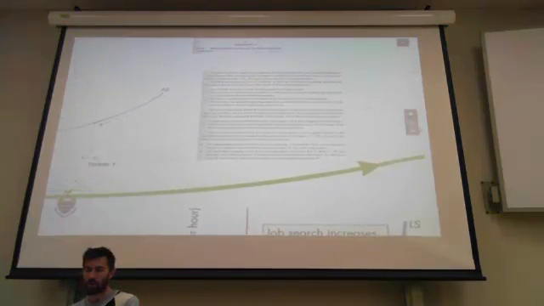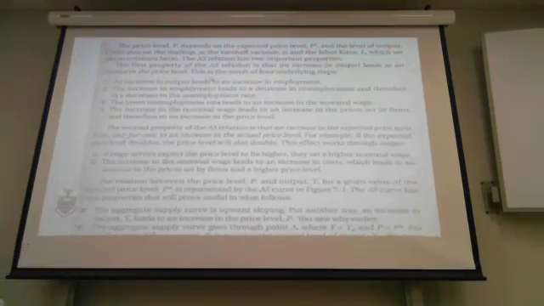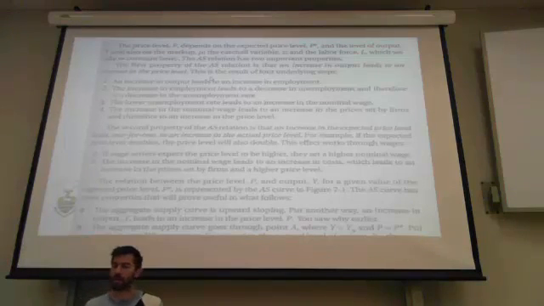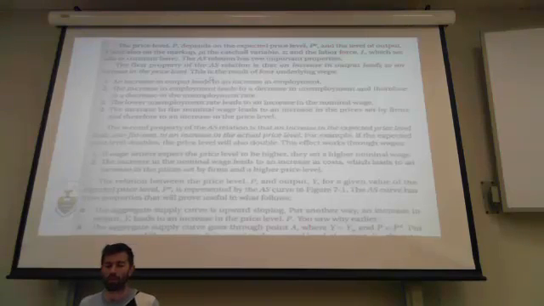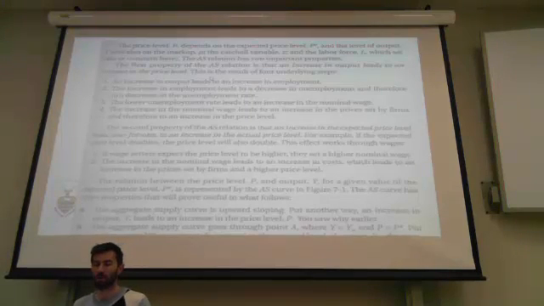So what does our little write-up here tell us? Let me just zoom in a bit more. An increase in output leads to an increase in employment. The increase in employment leads to a decrease in unemployment, therefore a decrease in the unemployment ratio. The lower unemployment rate leads to an increase in the nominal wage.